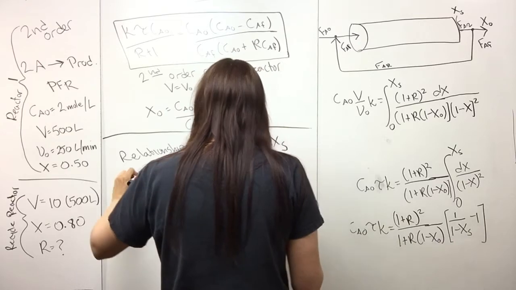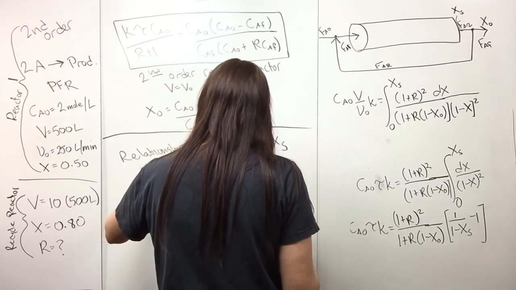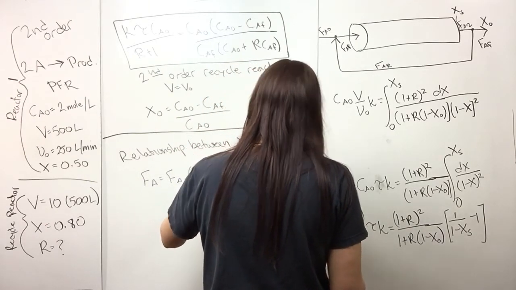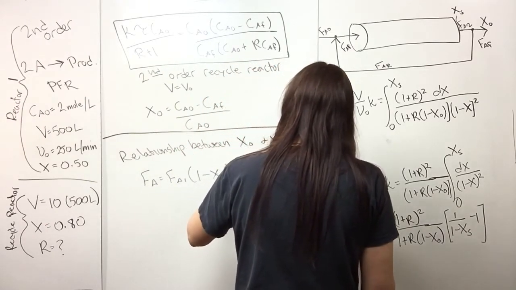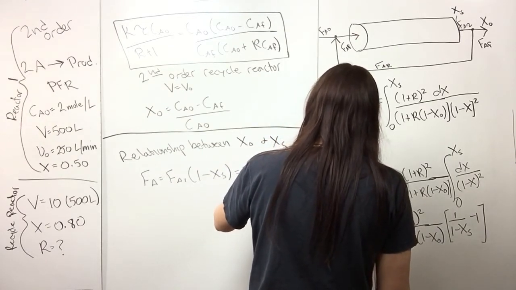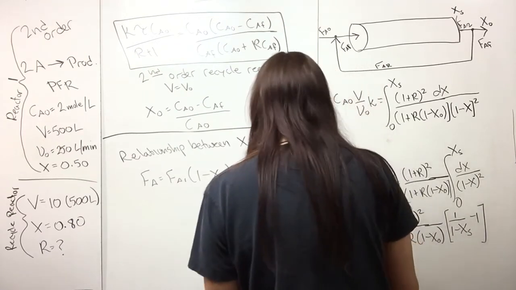So we know that FA is equal to FA1 (1 minus XS), and that's equal to FA naught (1 plus R)(1 minus X naught).